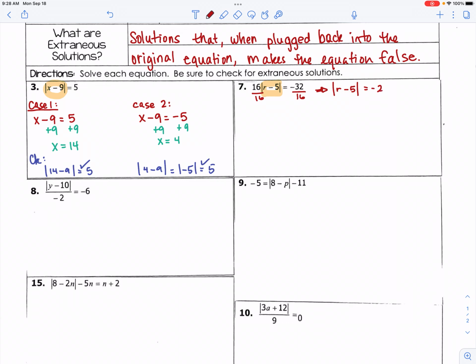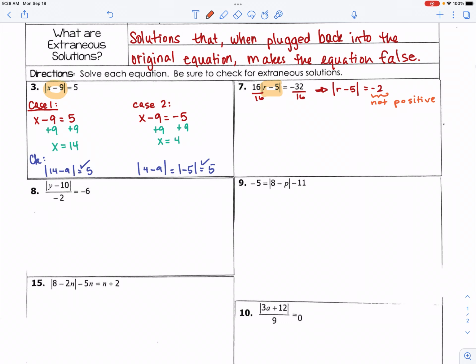Now remember, when we take the absolute value of something, that always gives us the positive. Well, if we look here, this -2 is not positive. Therefore, there is no value of r that I will ever be able to plug in that will ever give me a negative.